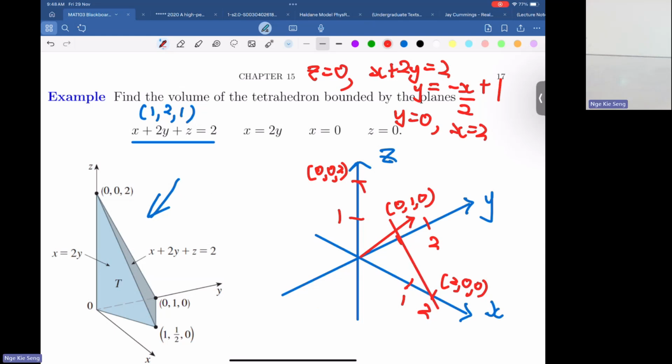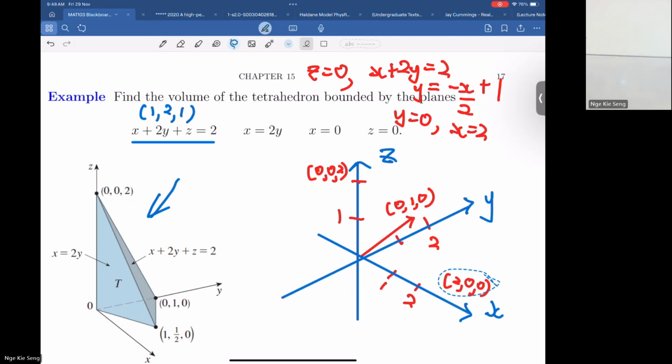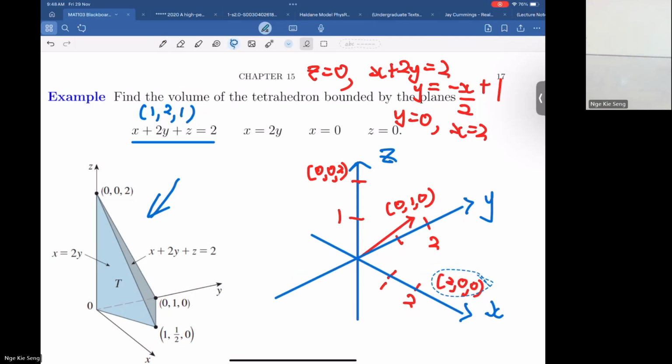Okay, so your plane looks something like this. Maybe don't use this, use the other color. A bit too far, let's move it in. Okay, never mind.